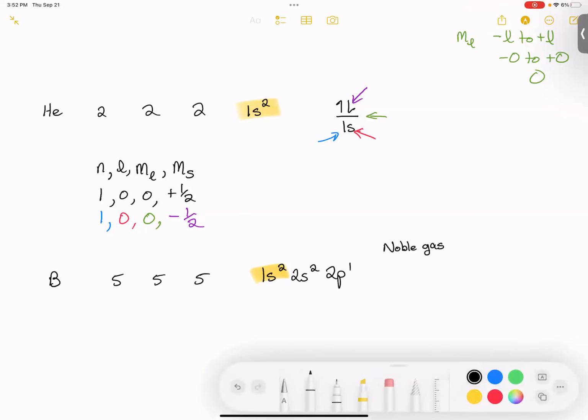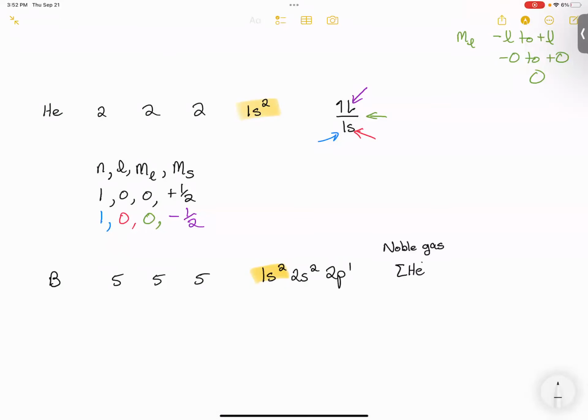So we can say, hey, boron has everything helium has. And we say that by putting the helium symbol in brackets. And yes, you do need the brackets. But basically that symbol within the brackets is saying that you have everything that helium has.